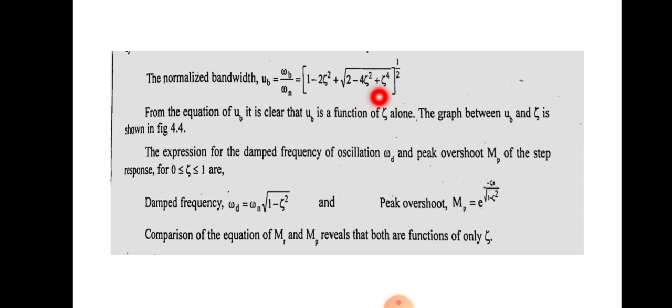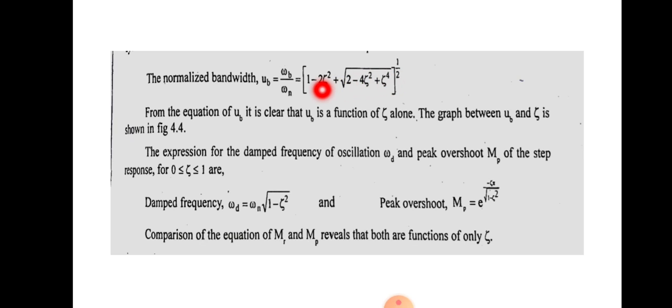First we drew the graph corresponding to M and u, and second we discussed the relationship of M with respect to epsilon, and next we will correlate u with epsilon. In this case, u_b is purely a function of epsilon alone.